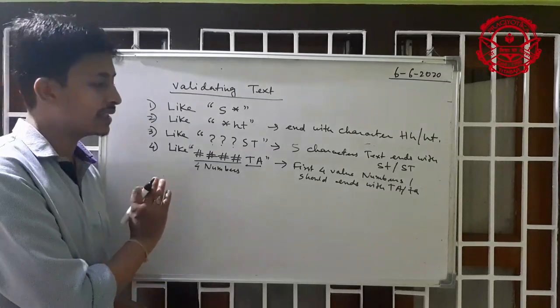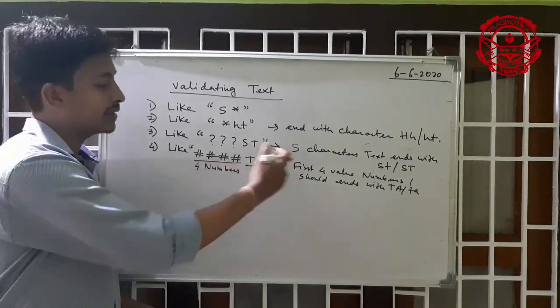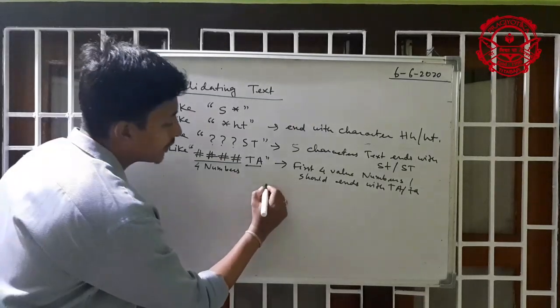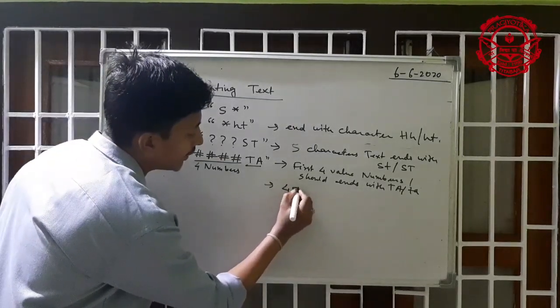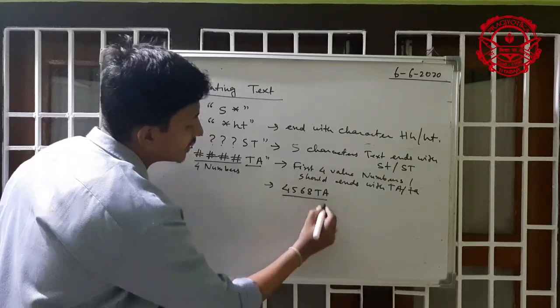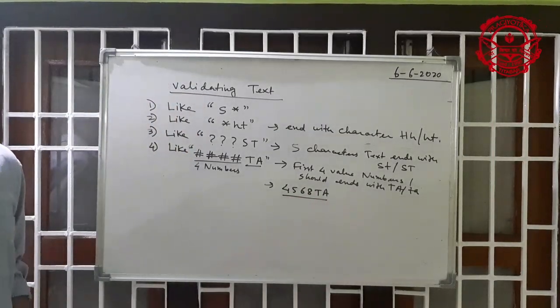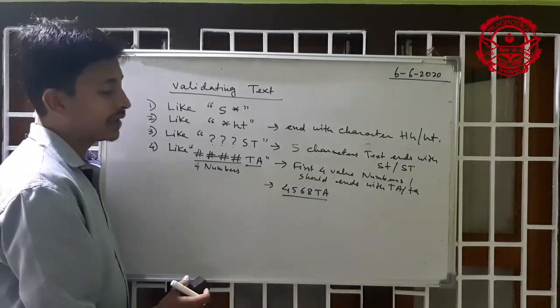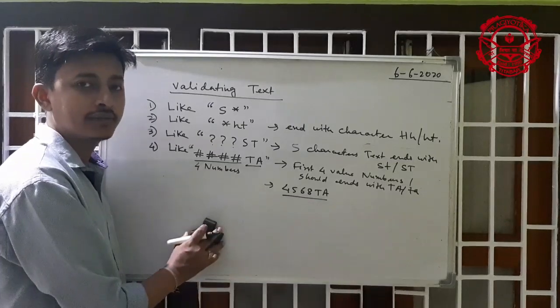Okay, you understand these things? First four numbers, after that ends with TA. Say, for example, 4, 5, 6, 8 TA. That is the answer. First four values are numbers, after that it ends with TA. Okay?